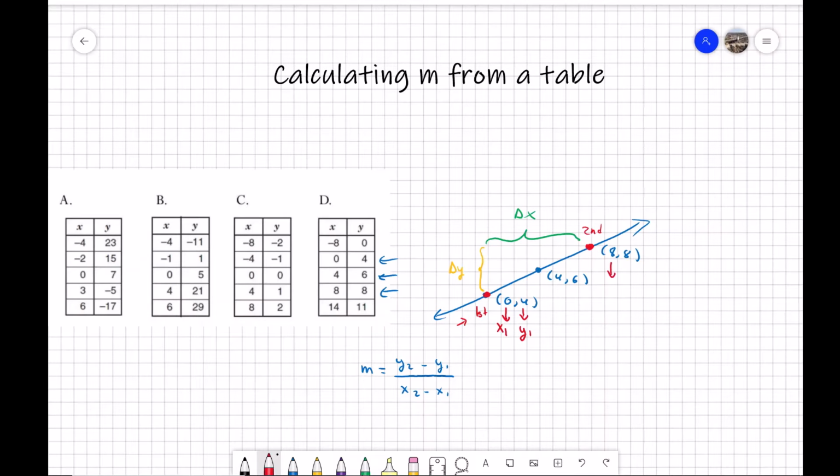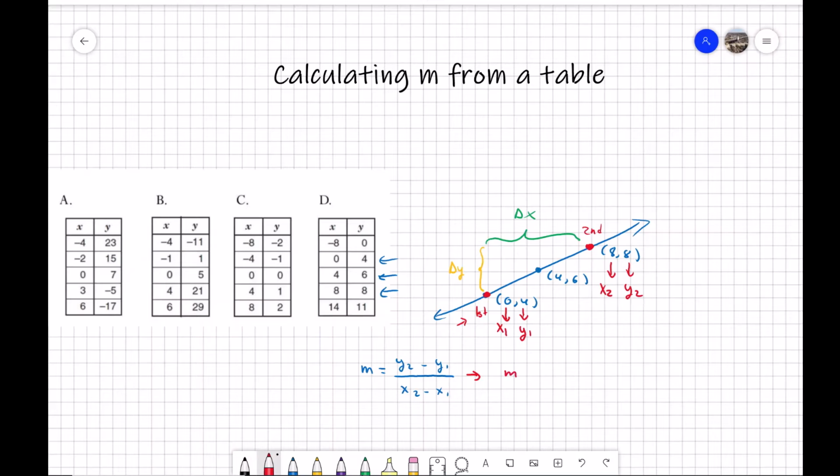And the same thing here. We know that this is x, but since we're dealing with our second point, that's going to be our x2, and this is y, and since it's our second point, it's going to be called y2. So now we know what x1, y1, x2 and y2 are. All we have to do is substitute in the formula.